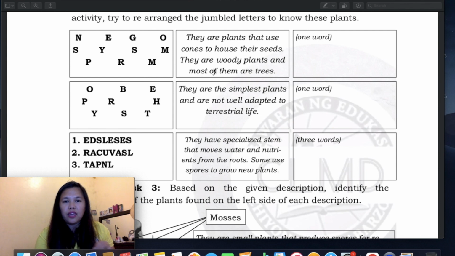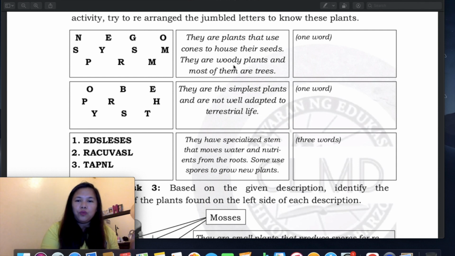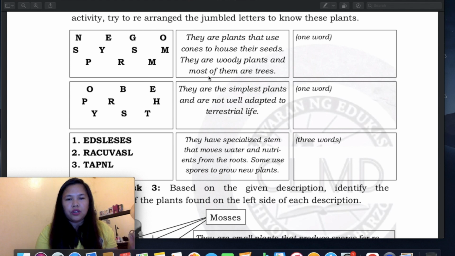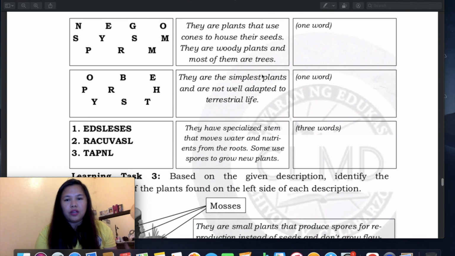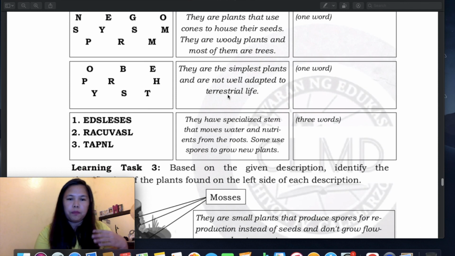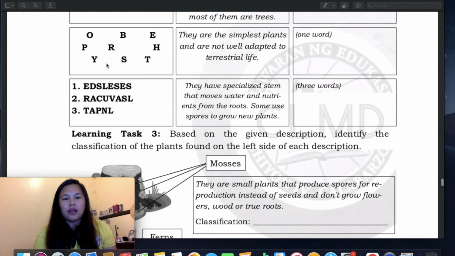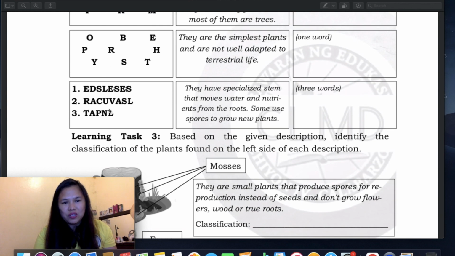They are woody plants, and most of them are trees. And then there are simple plants not well adapted to terrestrial life. So you have to rearrange this word. Letters pala. So ito din, same as this, they have the specialized stem that moves water and nutrients from the roots. Some use spores to grow new plants.